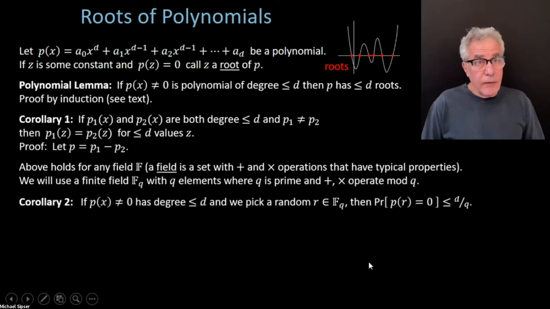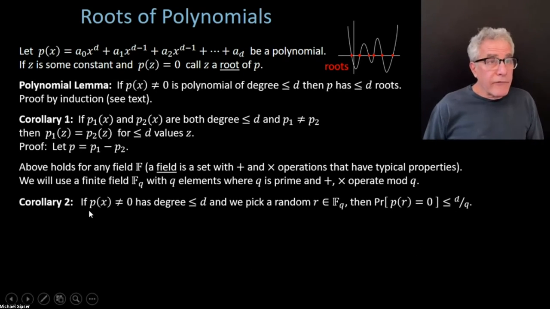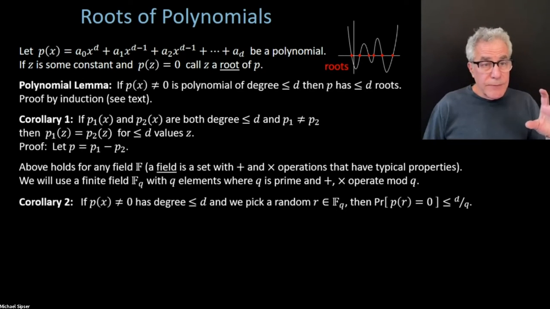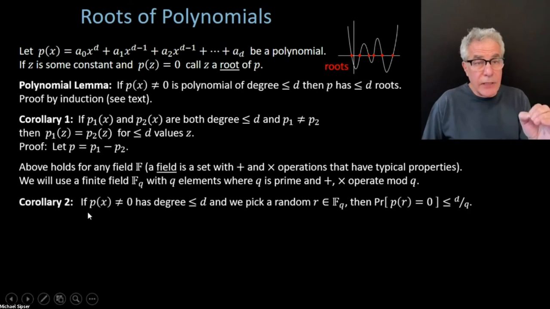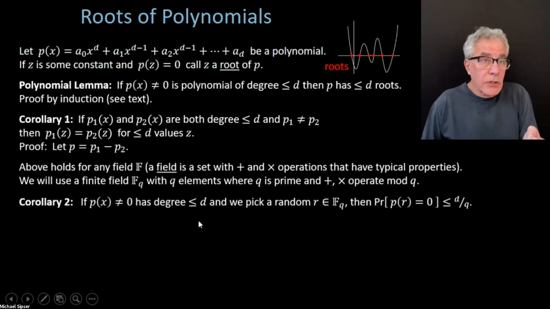Now, this is important from the perspective of thinking about this probabilistically. So I'm going to rethink this polynomial lemma, which says there are not too many roots, in terms of the probability of picking an element of the field. What are the chances that it happens to be a root? If you have a low degree polynomial and you pick a random value in the field, what's the probability that you got a root?